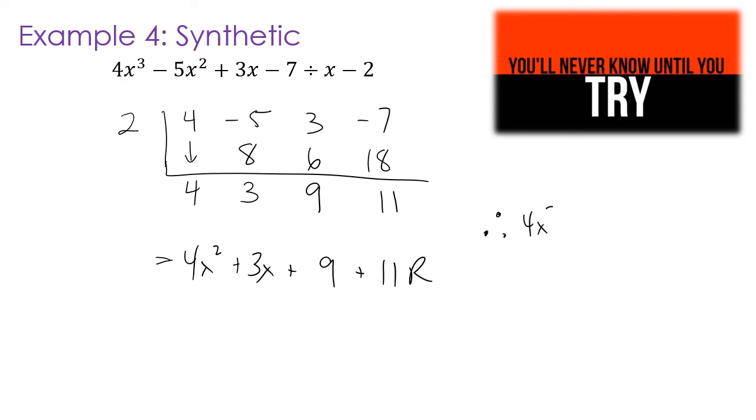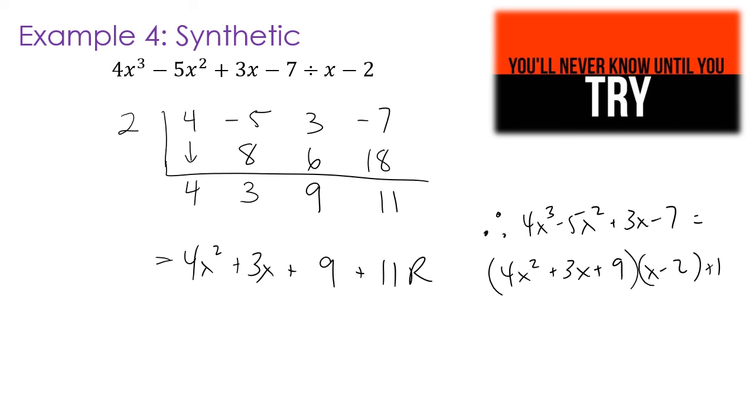Therefore, 4x cubed minus 5x squared plus 3x minus 7 equals 4x squared plus 3x plus 9 times x minus 2 plus 11. So since you didn't really have to do this one on your own, or maybe you did, maybe cover up this solution, retry on your own to make sure you can do it without looking.